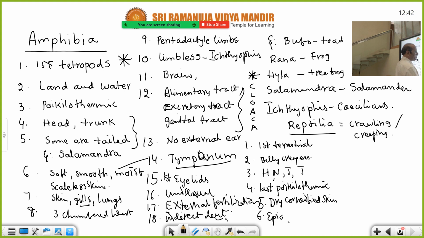Exoskeleton: epidermal scales and scutes. Scutes are present in turtles, crocodiles. But in the rest, the lizards and snakes, epidermal scales are the exoskeletal structures. And clawed pentadactyl limbs first time developed.